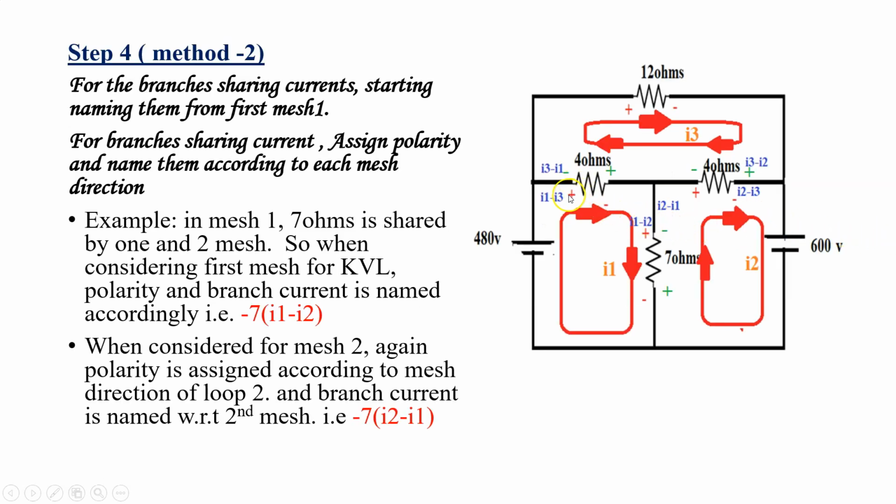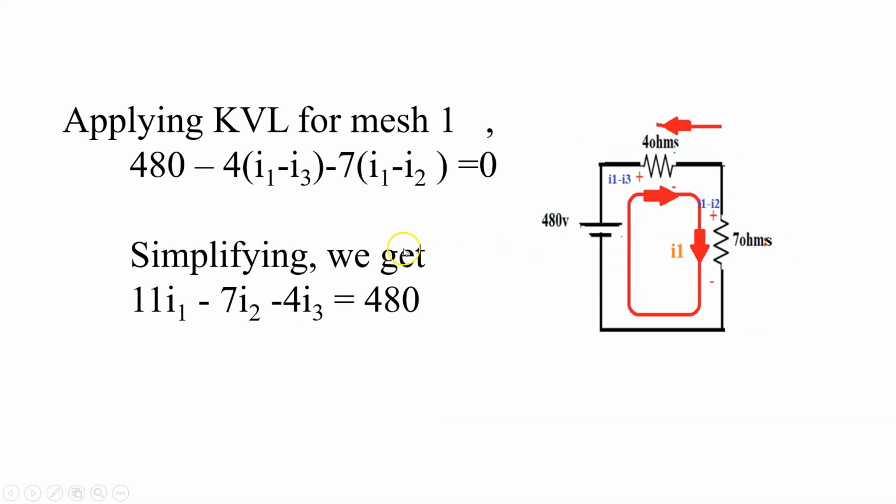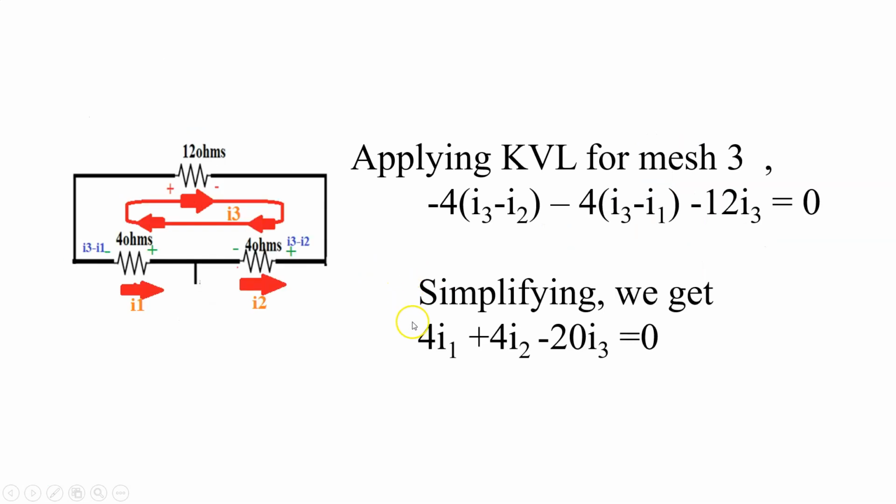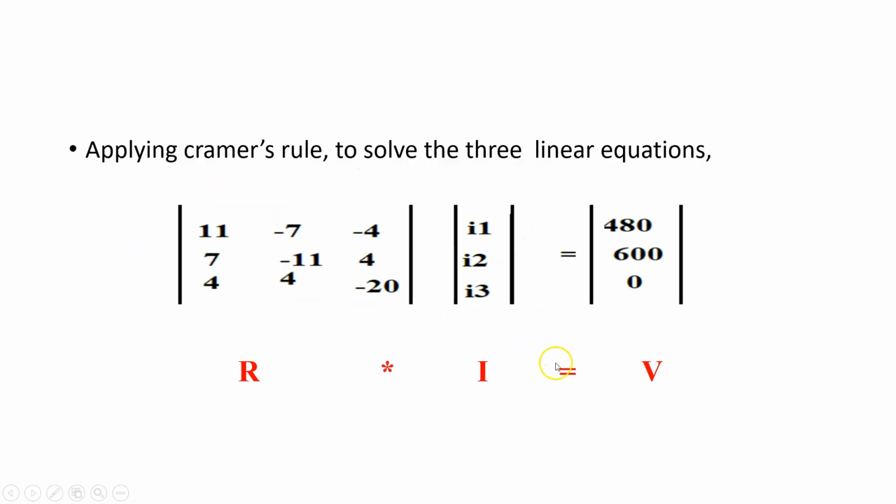We assign the polarity for the branch that is sharing two currents and fix it. We will not assign the polarity or the branch current name again when we are considering the other mesh. We proceed with the first, second and third mesh. In this method, for each mesh you will be assigning again. So this is the second method. If you go by this method, you will get the same answer. You can try and see that with both methods you get the same answer.